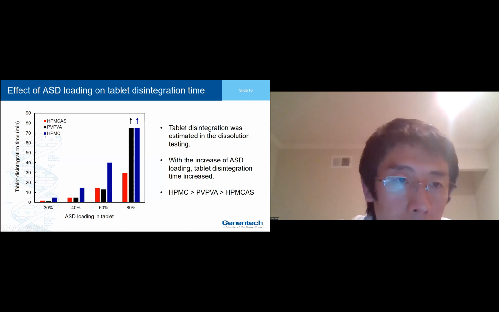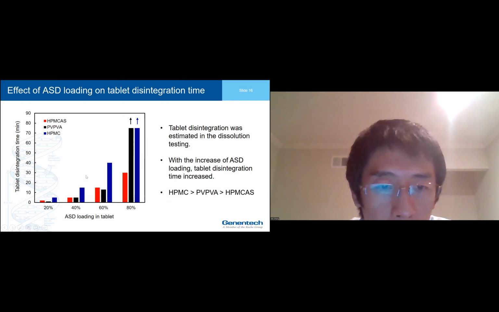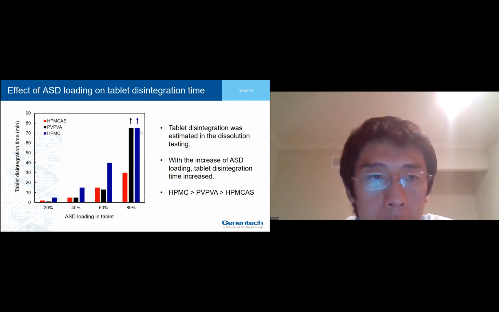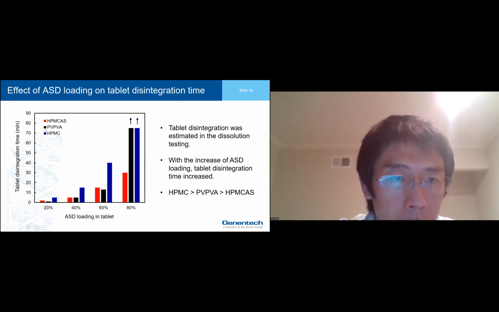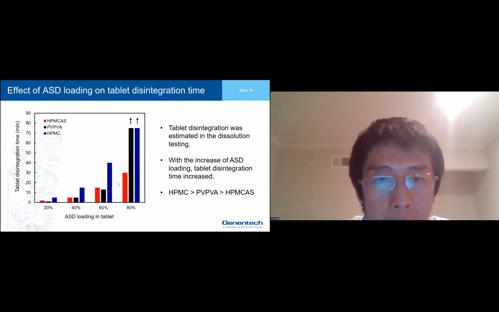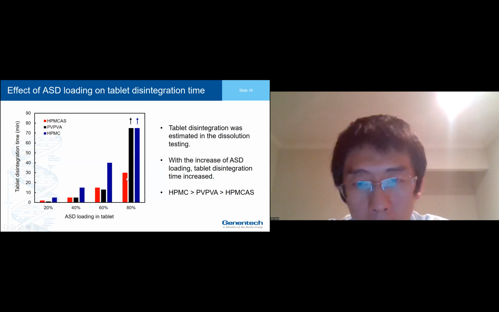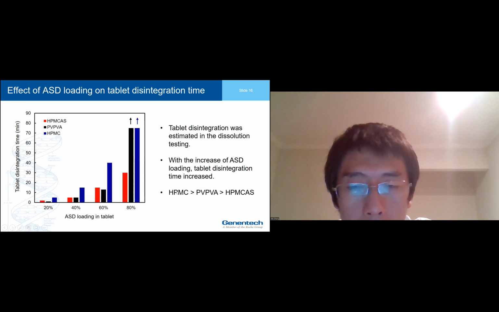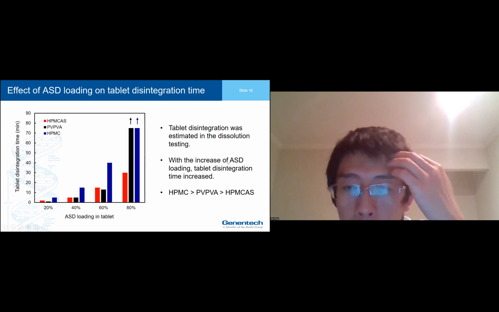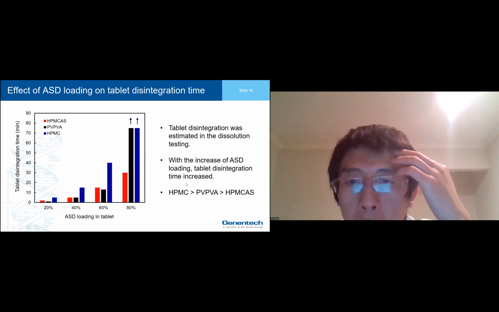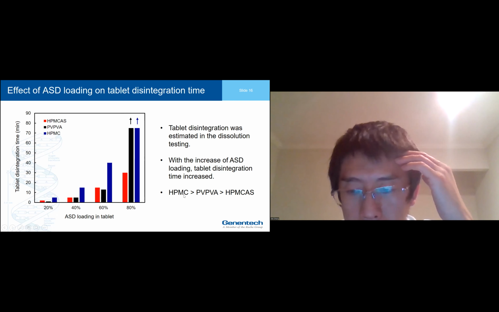And especially for the HPMC, the blue bar, it increased more significantly than the other two polymers. HPMCAS increased less significantly compared to the two hydrophilic polymers. So our conclusion is that with the increase of ASD loading, the tablet disintegration time increased, and HPMC had the most significant effect.